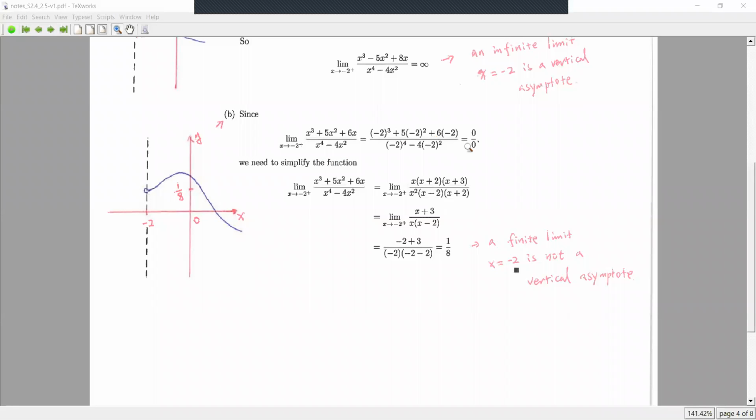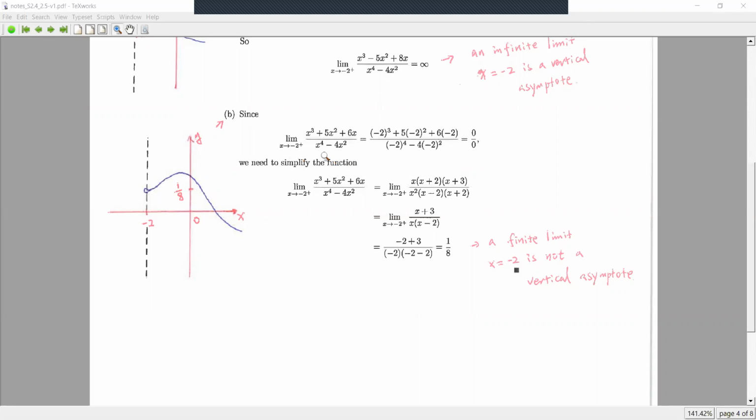This number is 0 over 0. We cannot tell what is 0 over 0. 0 over a non-zero number, we are sure it is 0. A non-zero number over 0, we are also sure it is infinity. Only this case, 0 over 0, we cannot tell what it is.